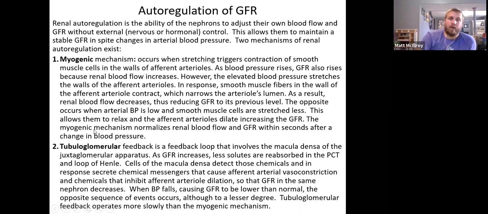The myogenic mechanism is going to help normalize renal blood flow, so kidney blood flow and GFR, within seconds after a change in blood pressure occurs. So it's very, very rapid, very good at what it does. The tubuloglomerular feedback is a feedback loop involving the macula densa of the juxtaglomerular apparatus.